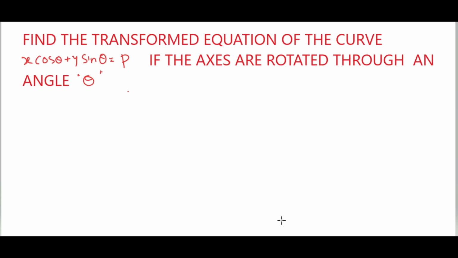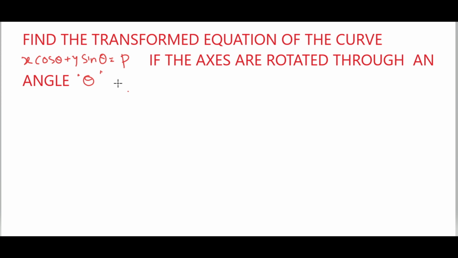This is one of the most important problems in this chapter. Find the transformed equation of the curve x cos theta plus y sin theta is equal to p if the axes are rotated through an angle theta. We know the formulas.